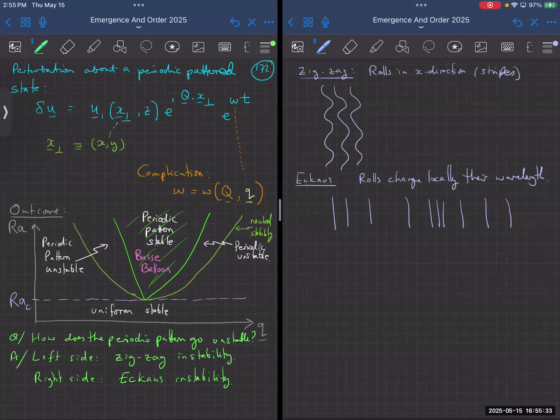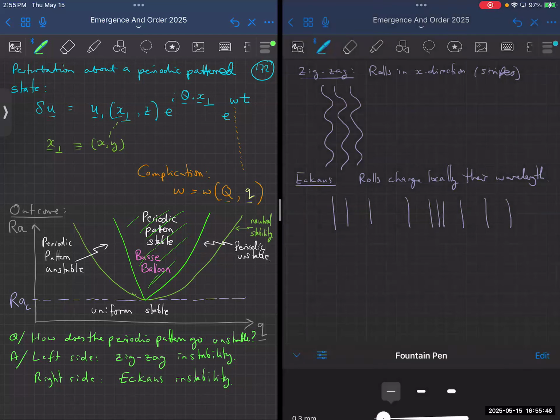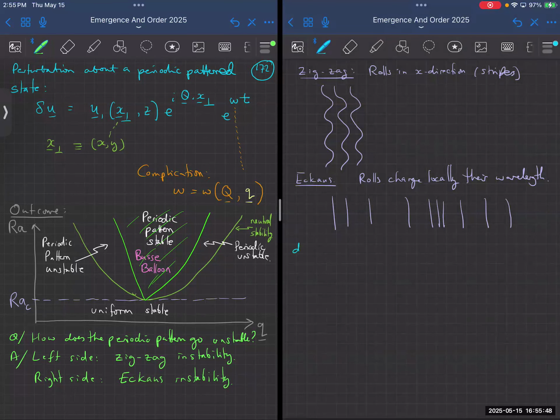Okay, so let me just try to show you a little bit about what these things look like. I'm just going to show you the one-dimensional stripe patterns.